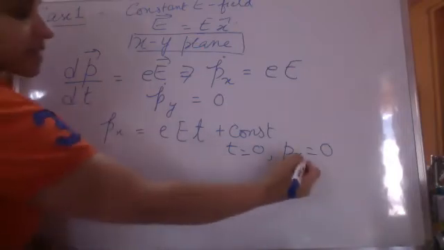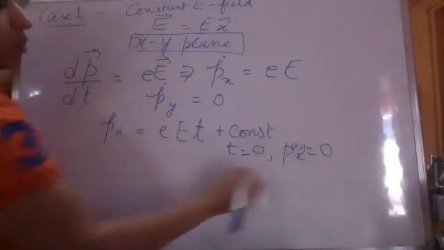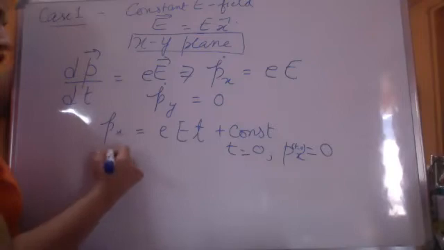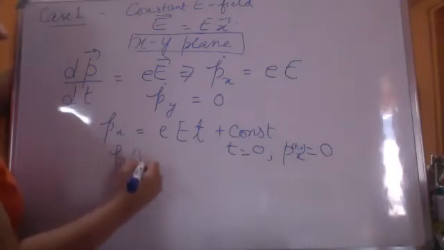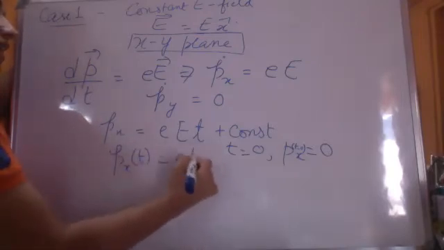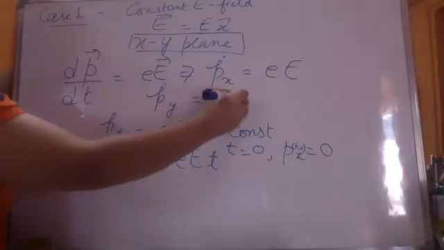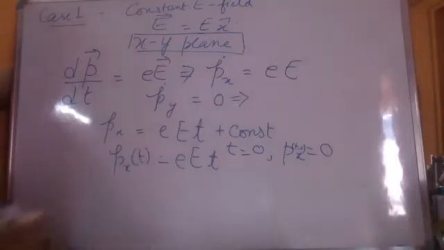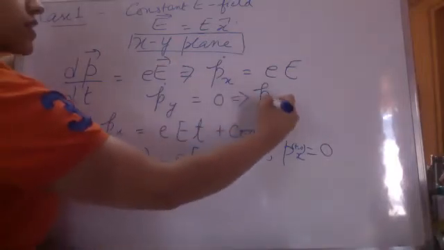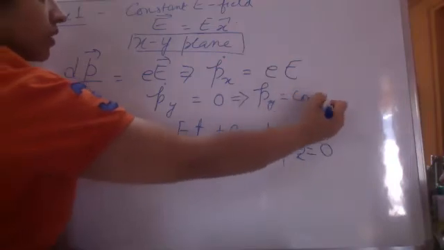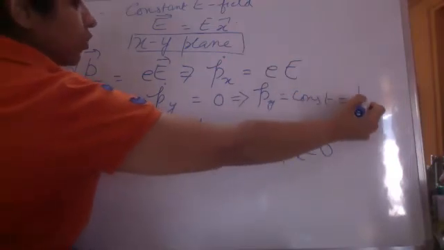So my px at time t equal to 0 is 0. So my px at any time t is then eEt. The second equation gives me py is a constant. Let's call that constant p naught.